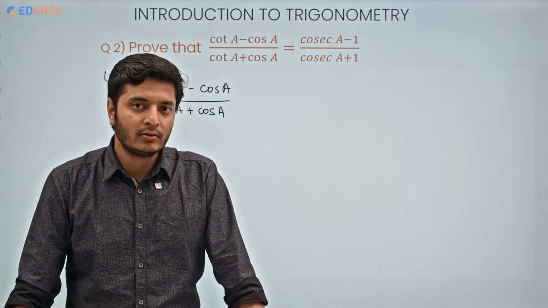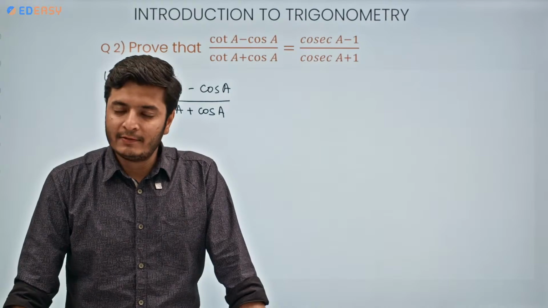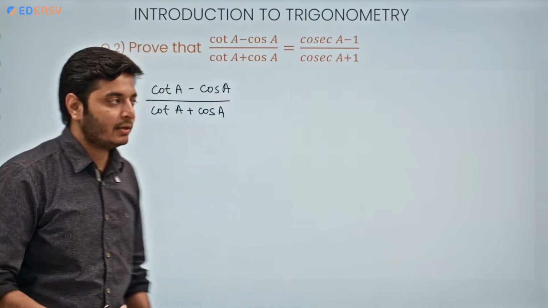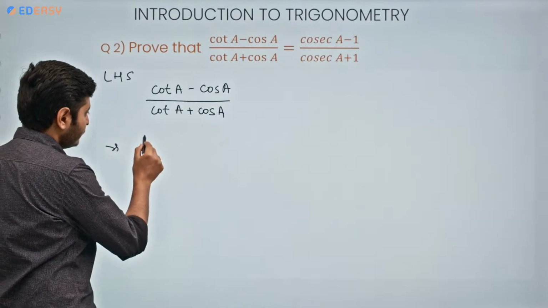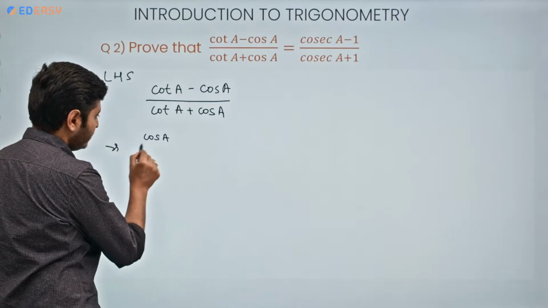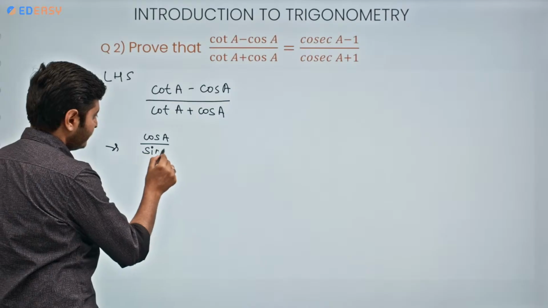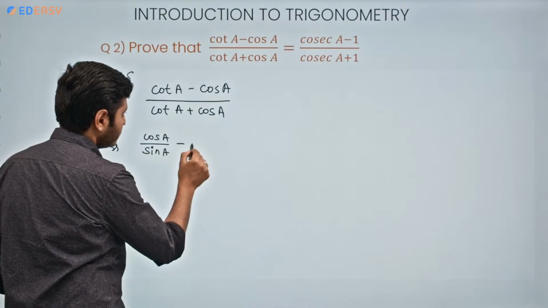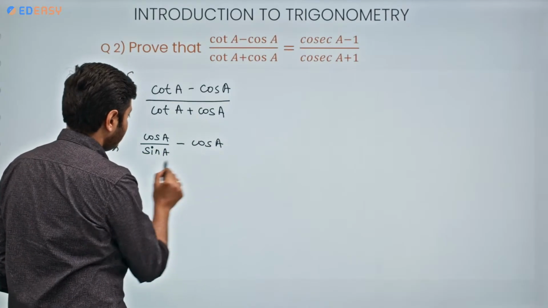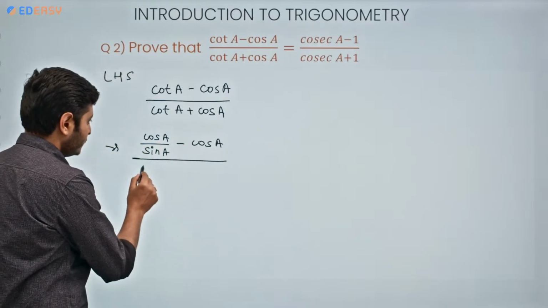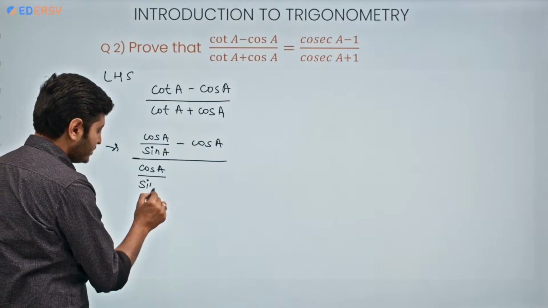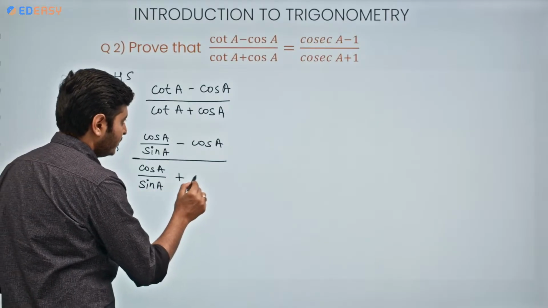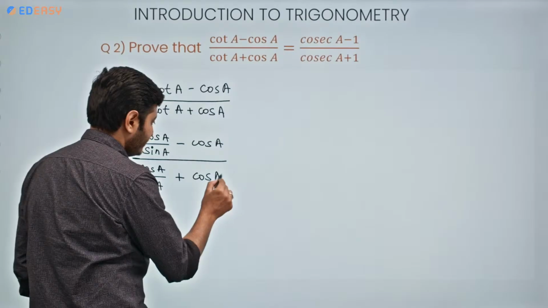Tan is sine by cos, correct? So cot A will become cos A by sine A. So this will become cos A divided by sine A minus cos A upon cos A upon sine A plus cos A.